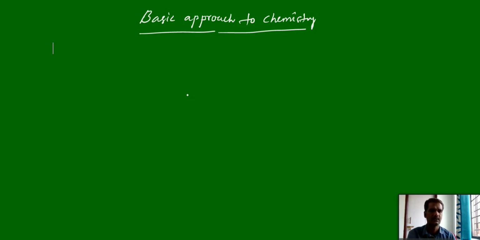Apart from that, basic idea about the acids and bases. And in today's class we will discuss what is the acidity and basicity. Let us take a talk on acidity and basicity.